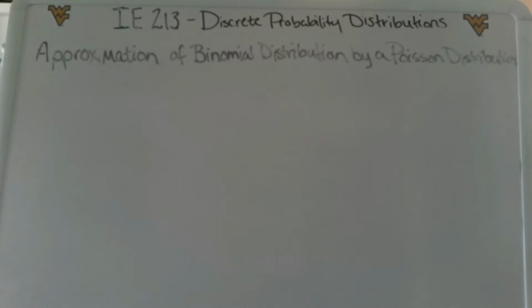In this lesson, we're going to talk about approximation of the binomial distribution by a Poisson distribution. So it should be evident to us from the principles of the Poisson process that the Poisson is related to the binomial.